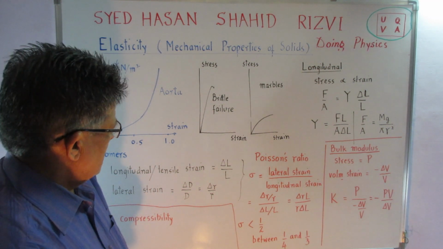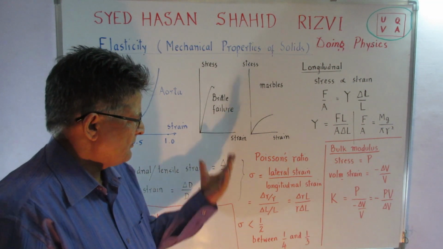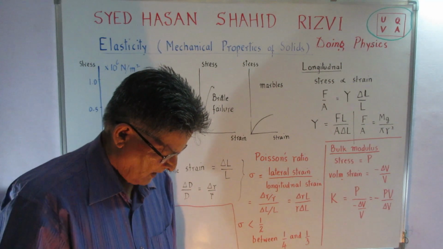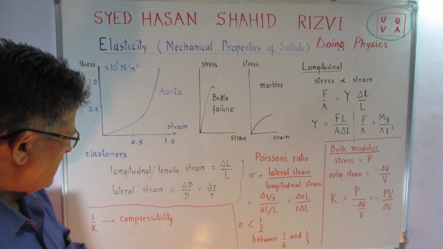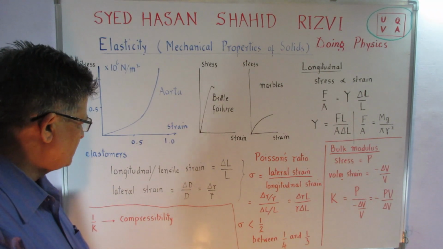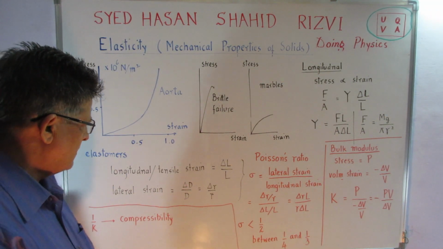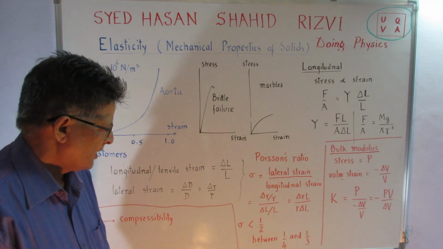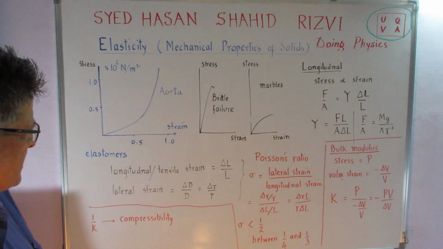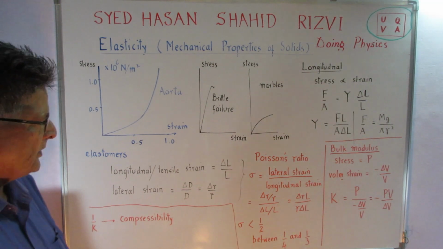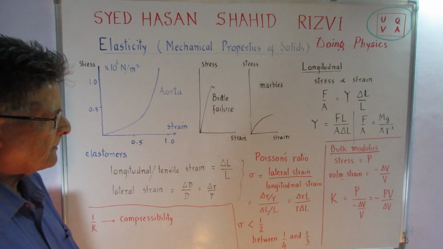Amorphous materials have their own story, and normally the metals and alloys, for example brass and steel, have high amounts of modulus of elasticity.